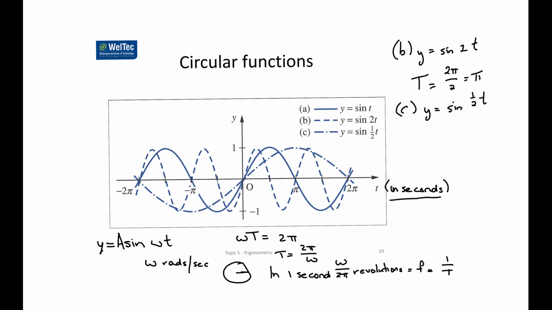The time period there is 2 pi over a half, which is 4 pi. So it takes 4 pi radians to go round once, and you can see that in the diagram. The dash dot graph will take 4 pi seconds in this particular case to go around once.